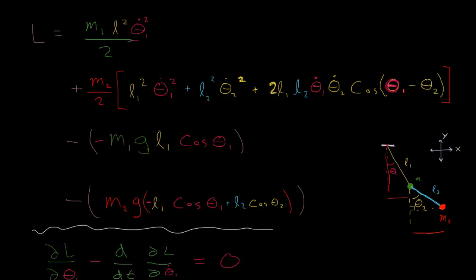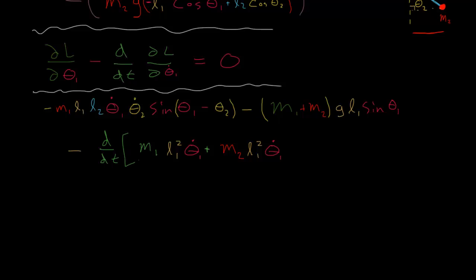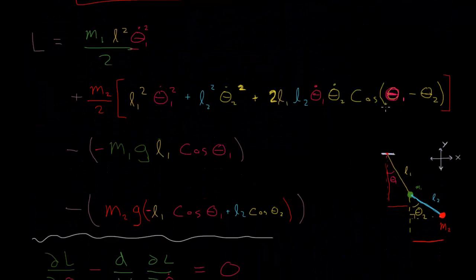So M2, so it's M2 L1 L2. So plus M2 L1 L2, right? And we're taking the derivative with respect to theta 1 dot. So this one goes away.